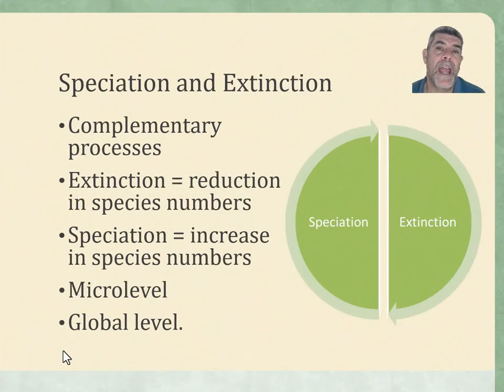So we've had a look at the complementary processes of speciation and extinction. In extinction, we get a reduction in species numbers. This is a reduction in biodiversity, and significant instances of large decreases in biodiversity have been referred to as mass extinctions. So it's not a mass extinction if we lose all of the Tasmanian tigers.